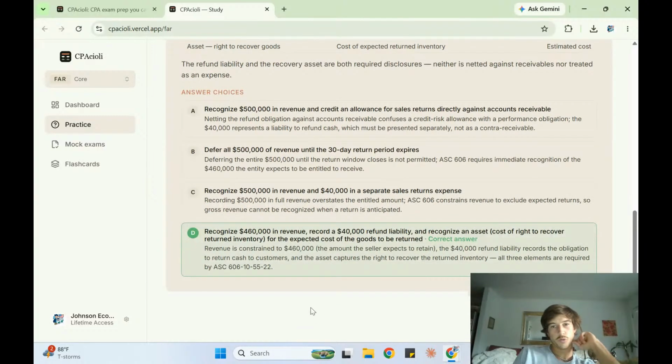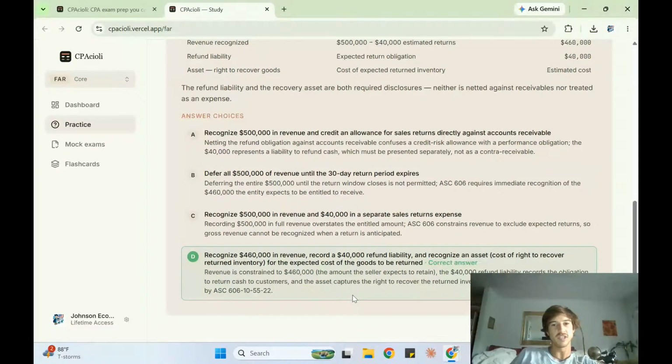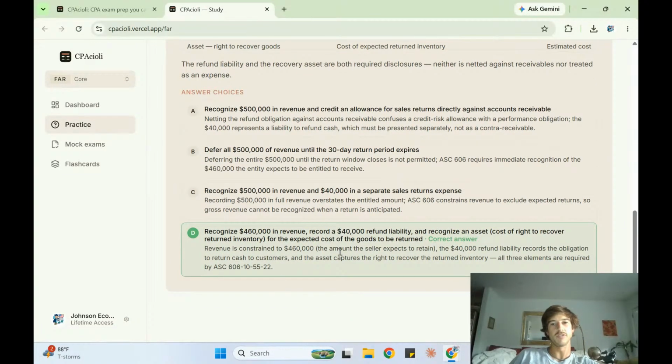And you record a $40,000 refund liability and recognize an asset for the expected cost of goods to be returned. So it'd be like cash or accounts receivable for the whole 500, but the revenue would only be 460, and there would be a refund liability of 40,000. Those would be the two credits.